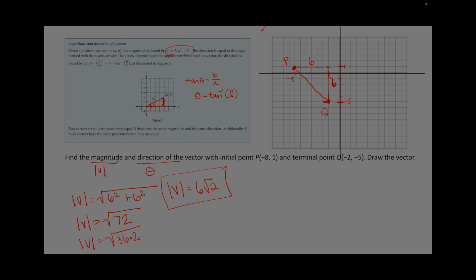Now let's talk about the angle. One thing to think about is, if I were to pick up this vector and move it, let's say we write it as a position vector. In other words, if I add 8 and drop it 1, my start would be at 0, 0.